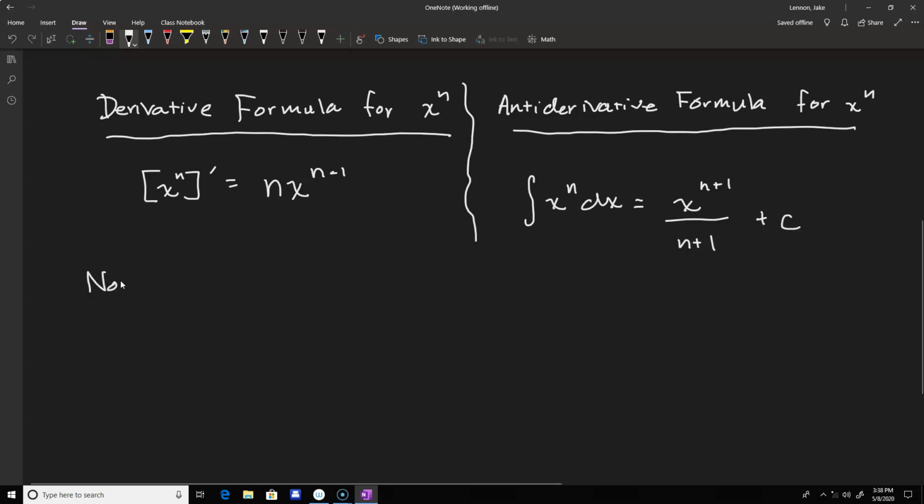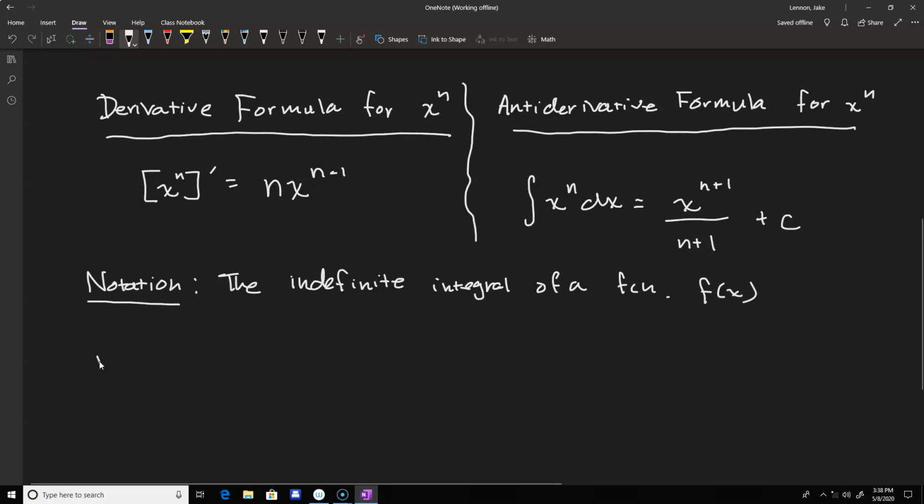Notation. The indefinite integral of a function, let's say f of x, is denoted by, if x is our input variable, the integral symbol, f of x, and then dx.